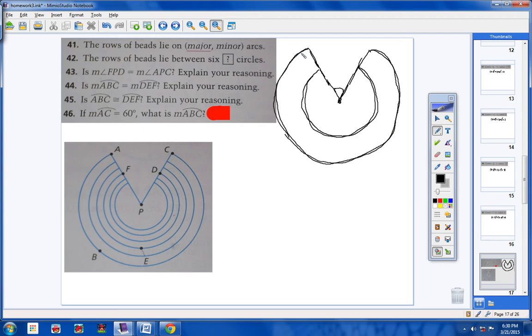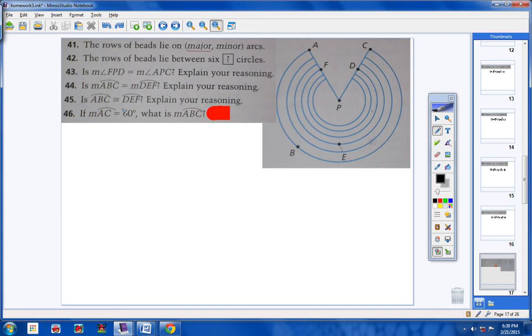So no, those two arcs are not congruent. Okay, moving on to number 45. Is arc ABC congruent to arc DEF? So arc A to B to C, congruent to arc DEF.